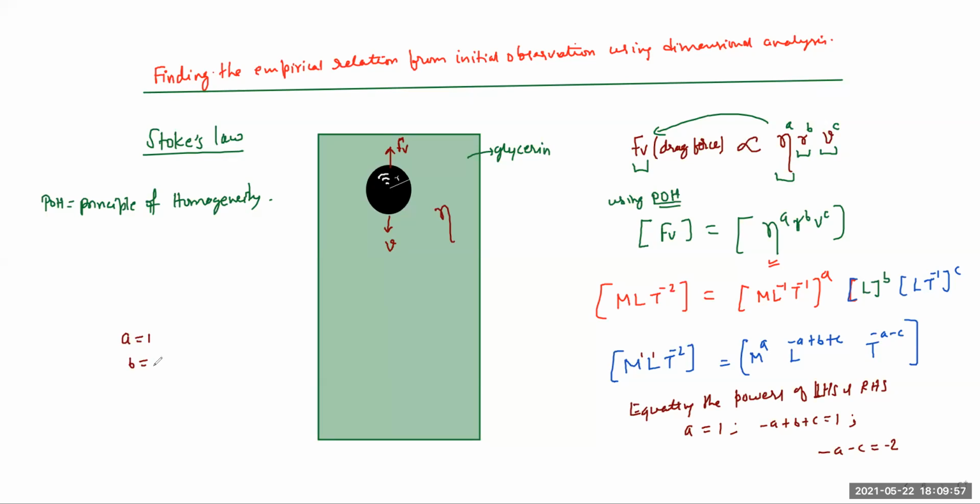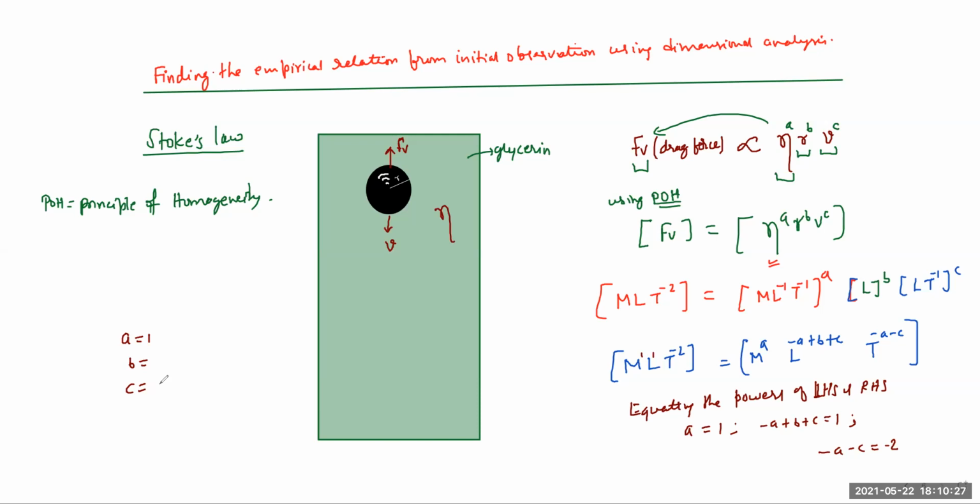Solve carefully. C is 1, right? Yes, positive 1 is the right answer for c. So what about b, guys?